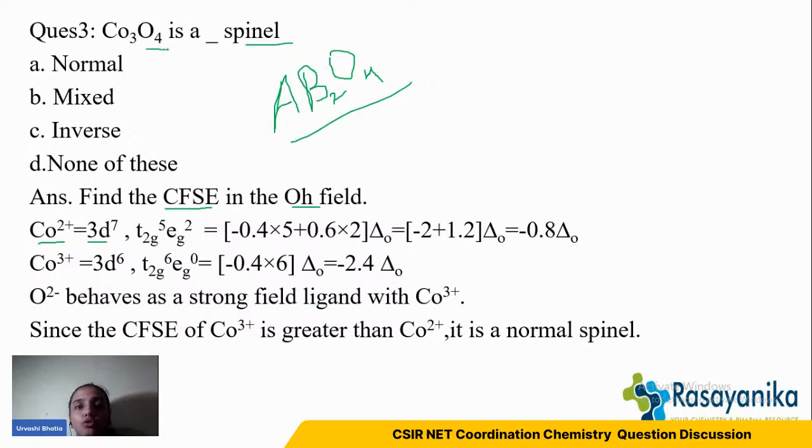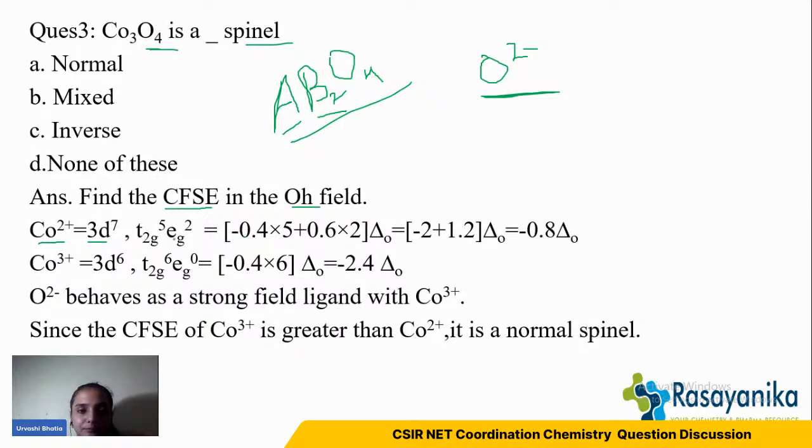Here you have to see that O2 minus is present in the lattice points, and A and B are present in the voids. The cobalt is present in the void, and O2 minus is present in the lattice points. So t2g5 and eg2. Again, we are going to calculate the crystal field stabilization energy in the octahedral field.